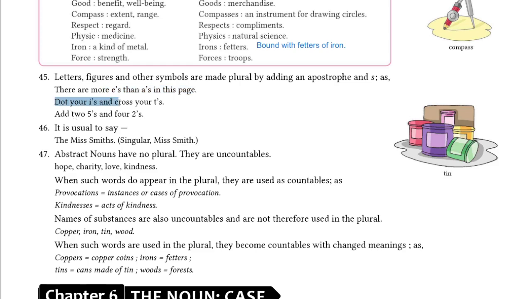Dot your i's and cross your t's. An apostrophe s has been added to the letters of the alphabet to form their plural. If we want to make the plural of a symbol like 5, again we would add apostrophe s: add 2 5's and 4 2's. An apostrophe s has been added to the number, to the symbol.